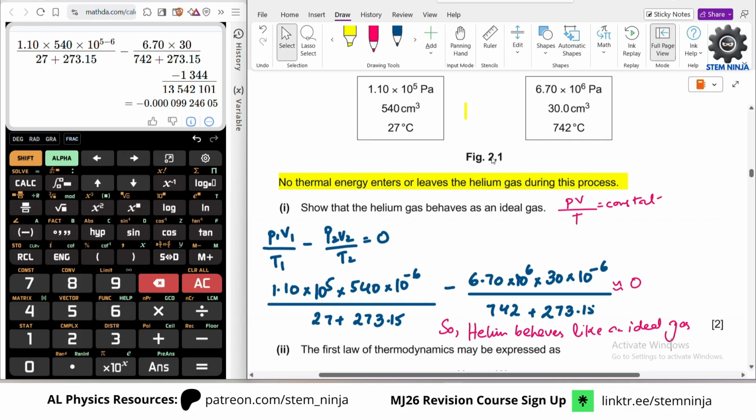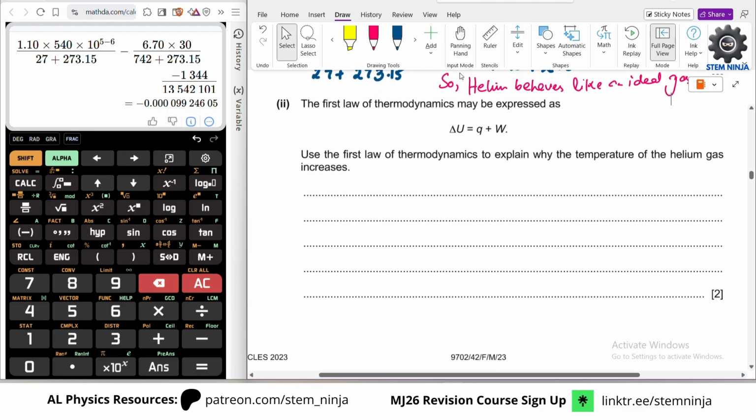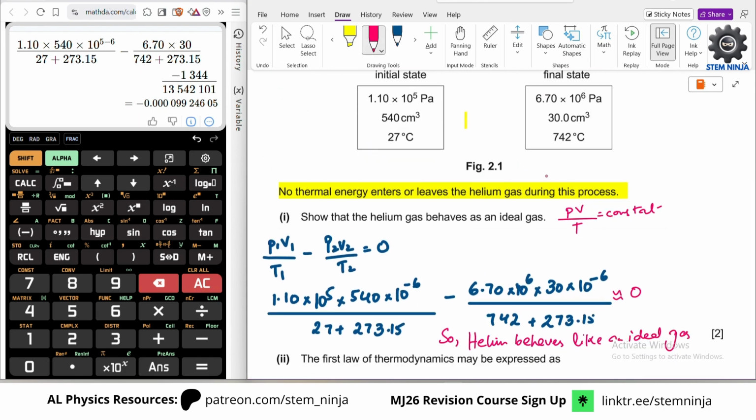Okay, the first law of thermodynamics may be expressed as delta U equals Q plus W. Use the first law of thermodynamics to explain why the temperature of the helium gas increases. Okay, so Q is 0 because no thermal energy enters or leaves the helium gas. However, the work done on the system will be positive because we are compressing the gas. Pressure is not constant, so we can't use P delta V either.